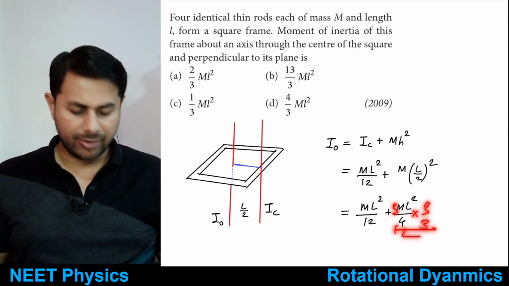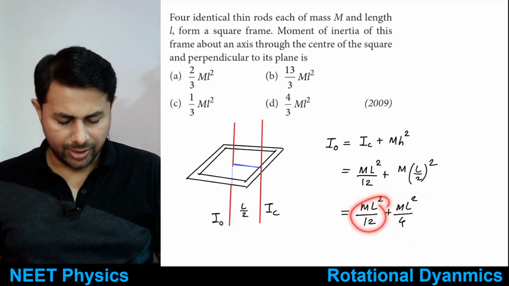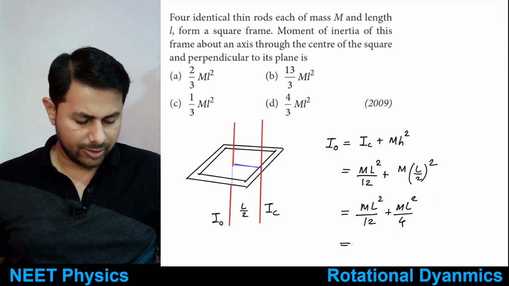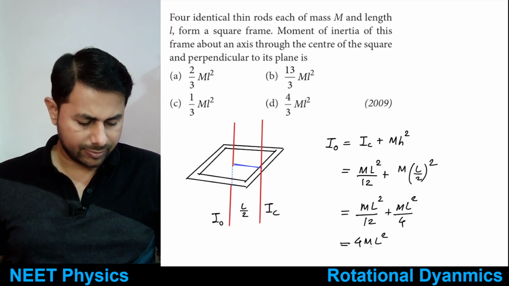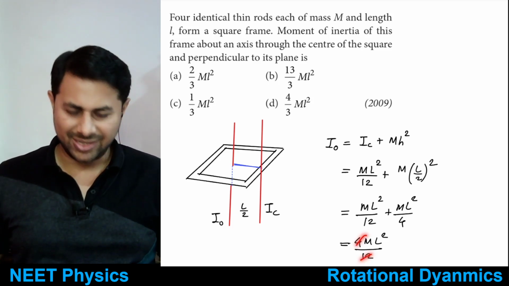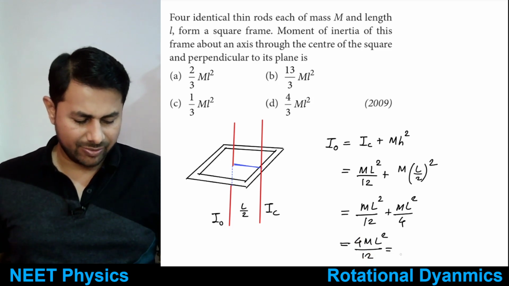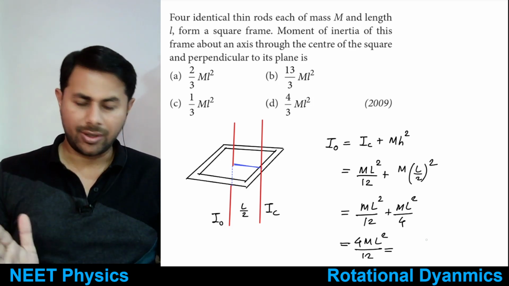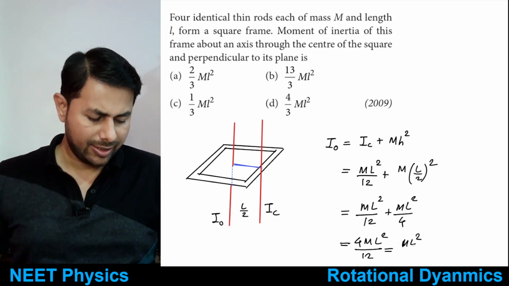So 3 ML square by 12 plus ML square by 12 means 4 ML square divided by 12. That means ML square divided by 3, right? Just like what we found for the moment of inertia about the edge of the rod, it's ML square divided by 3.